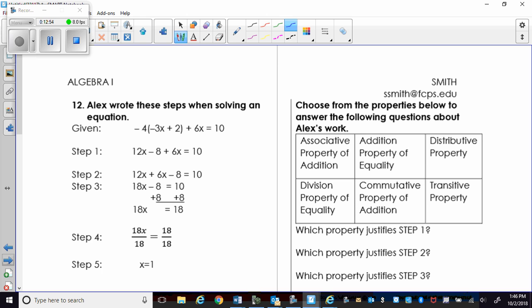Alright, this is where I wanted to get to. When you're doing questions like these, they're asking you to pull from the word bank here. Now before we get started, the associative property. This is where you have 3 things. They all equal each other.